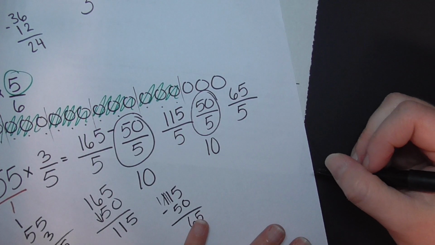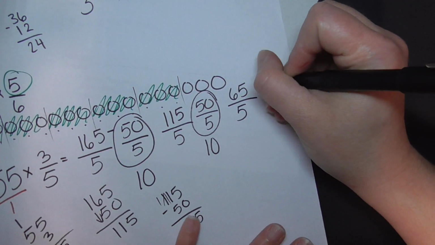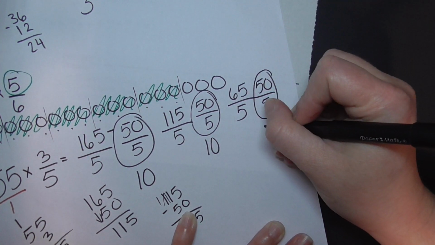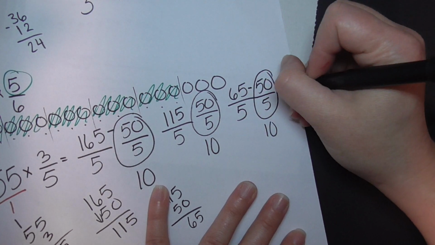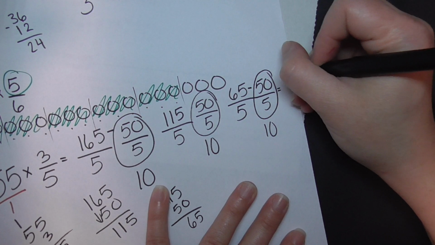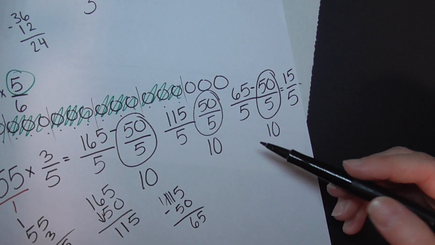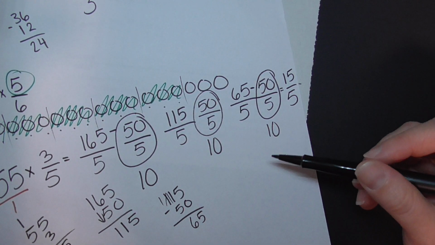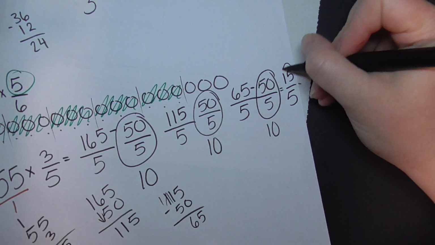65 over 5. I'm going to pull out my 50 one more time. 50 over 5 is 10. And when I subtract 65 minus 50, I get 15 over 5. Now, 15 over 5, I know because of my fact families that 15 divided by 5 is 3.